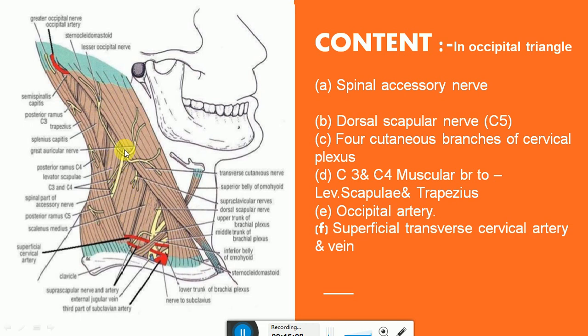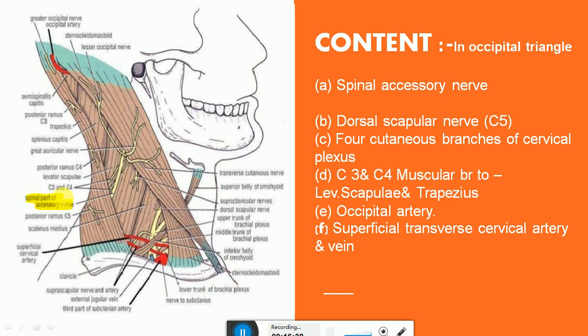The first nerve: this is the sternocleidomastoid muscle. Just behind the sternocleidomastoid muscle, this nerve is the accessory nerve, the spinal accessory nerve.